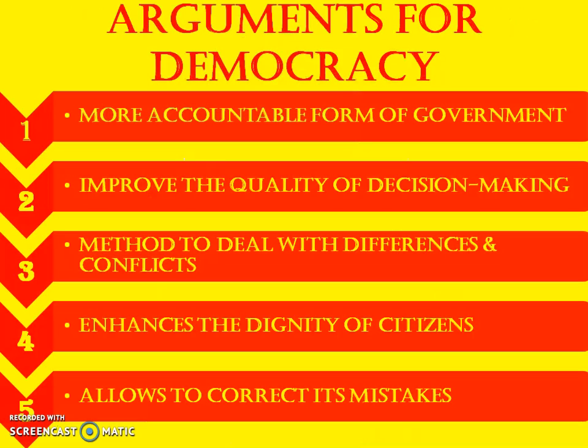Now we have an argument in favor of democracy. In the period of 1958 to 1961, there was a famine in China, the worst famine in the history of China, and almost 3 crore people died from this famine.